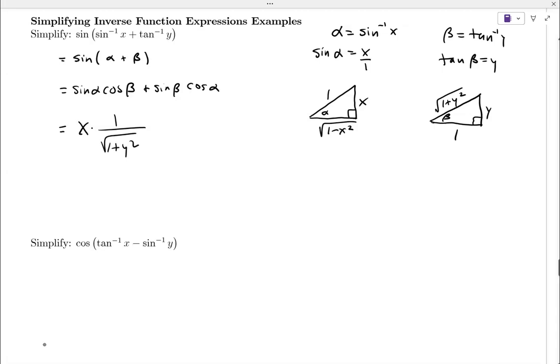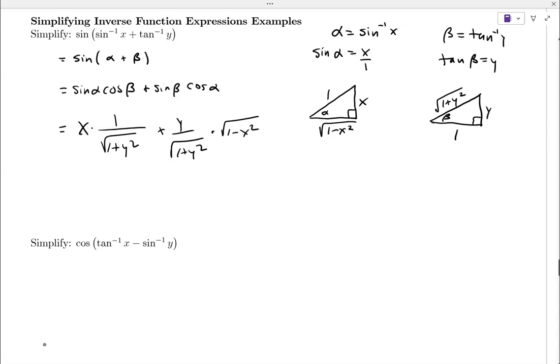Good. Sine of beta is y over square root of 1 plus y squared, right? It's opposite over hypotenuse. Cosine of alpha is root 1 minus x squared over 1.